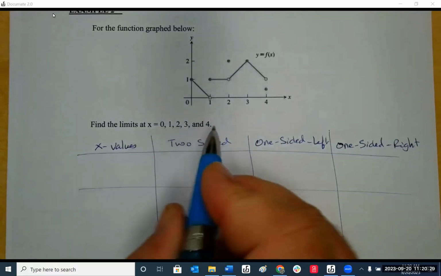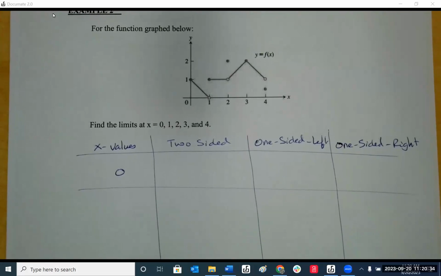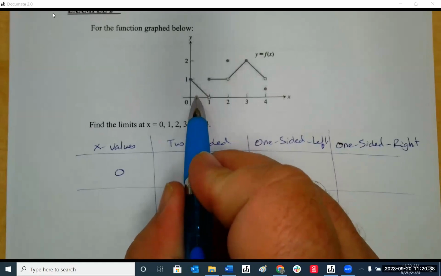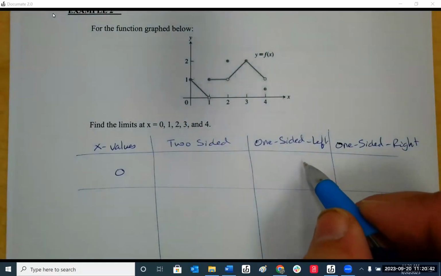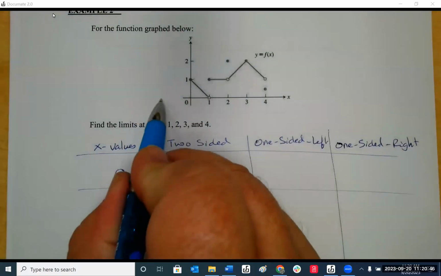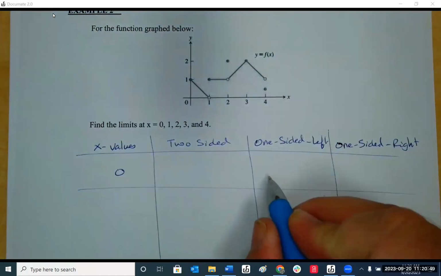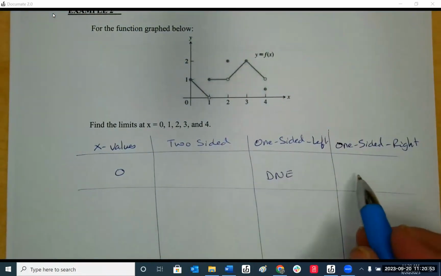So the first one, we have at 0. Can we approach it from two sides? Can we approach it from the left side? We can't approach the left because it goes infinitely. So this one does not exist. What is approach from the right?